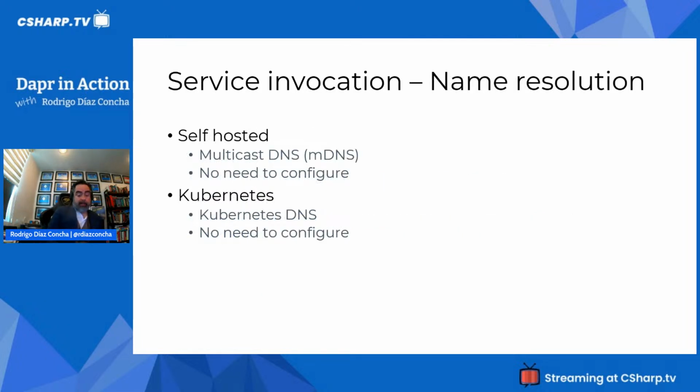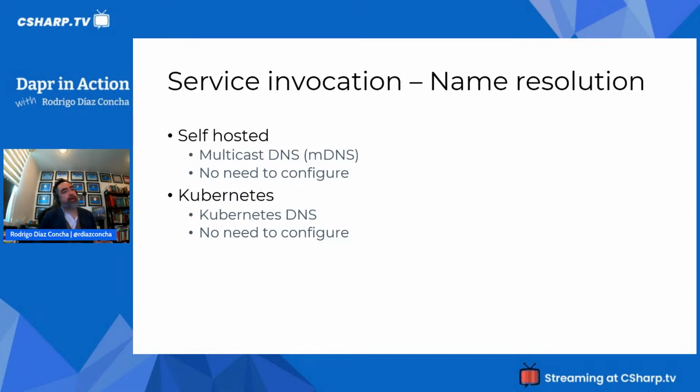So speaking a little bit more about the name resolution service, the service discovery thing, if you use the self-hosted mode, just like I do in these Dapr in Action webinars, I'm using the multicast DNS component that is inside my Windows operating system. So you don't need to do anything else to make it work. It just works, okay?